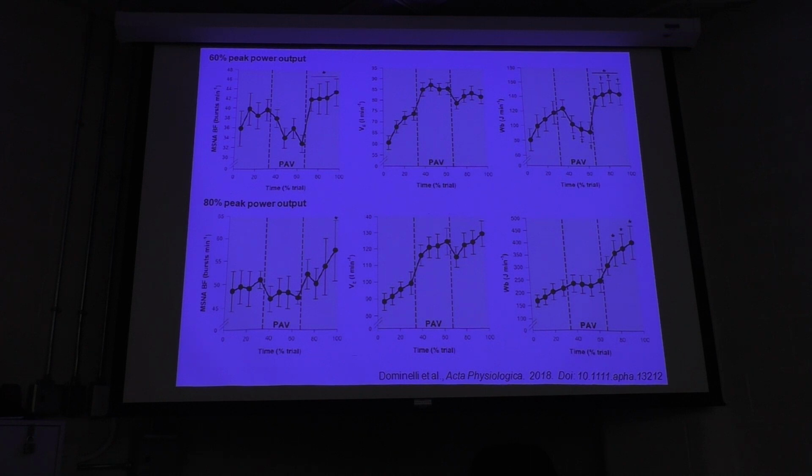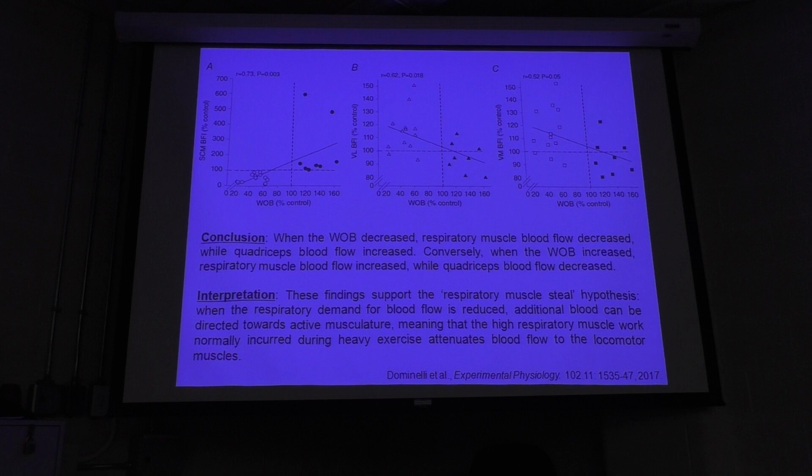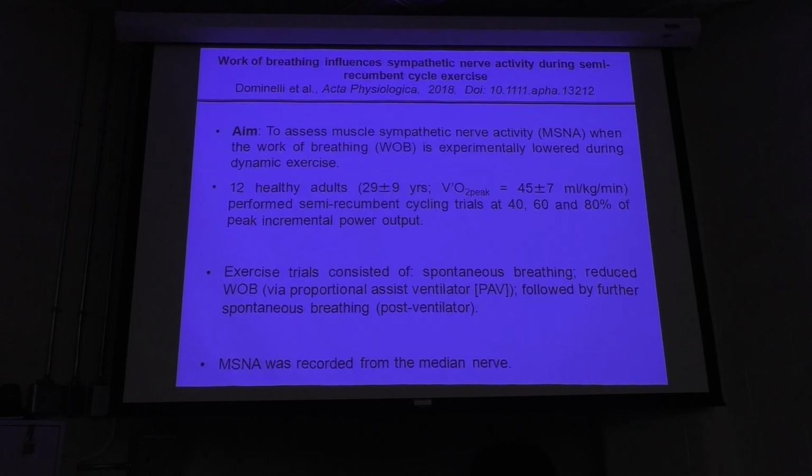can cause this reflex increase in sympathetic nerve activity that can compromise limb blood flow. So if you start combining the studies together, decreasing the work of breathing decreases the blood flow to the respiratory muscles and increases it to the peripheral muscles.